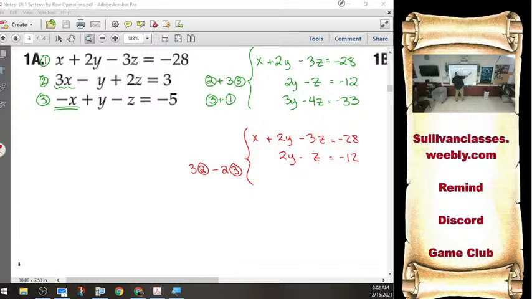Negative 3z minus a negative 8z, 5z. 3 of these is negative 36. Negative 2 of these is 66. Negative 36 and positive 66 makes positive 30. That's a lot of mental math.